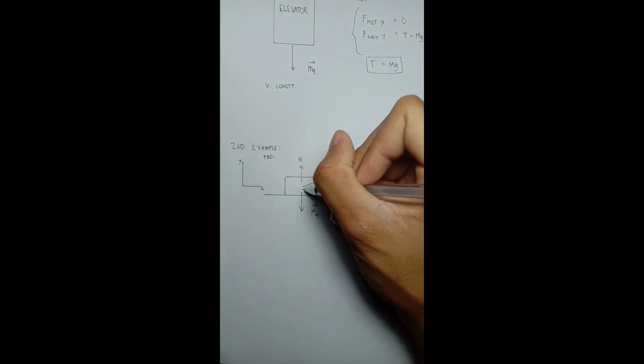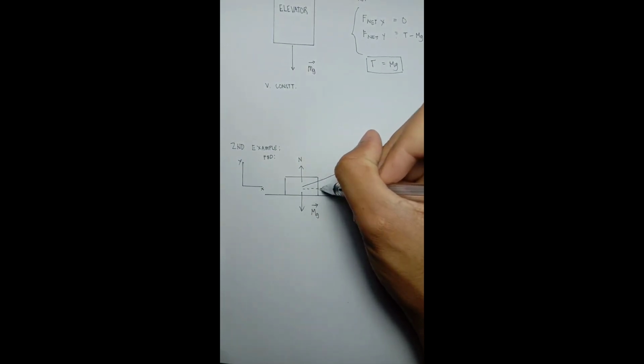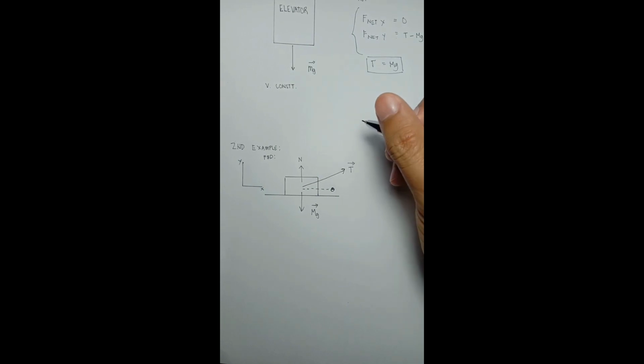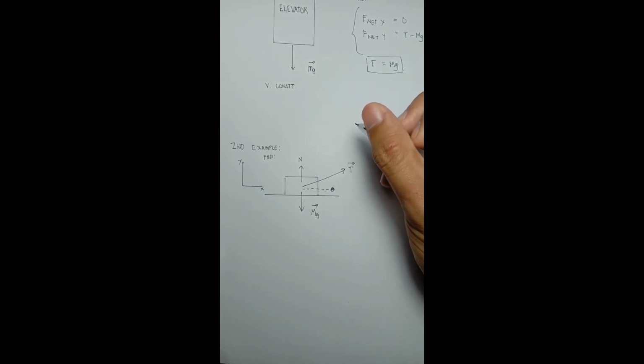We're pulling, imagine that we are pulling the box, at an angle theta. Now let's assume that we are pulling hard enough that the box is actually moving at constant speed to the right.